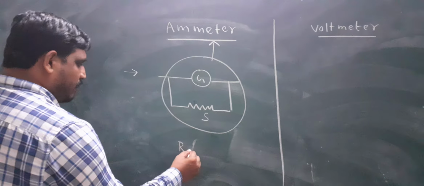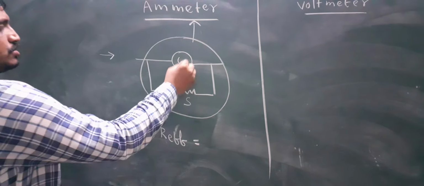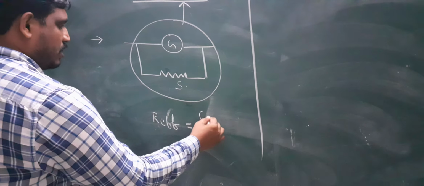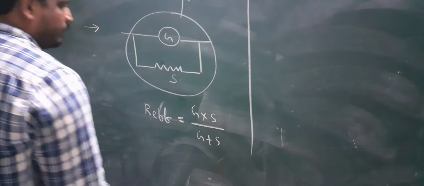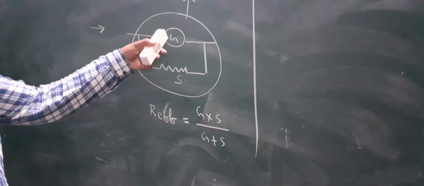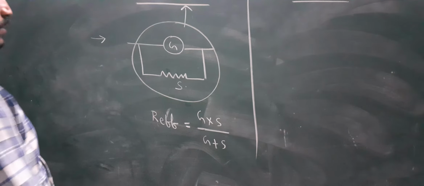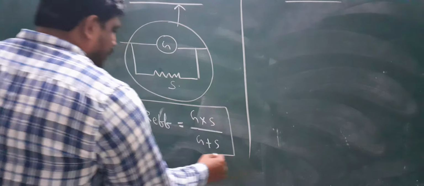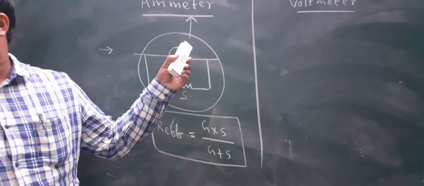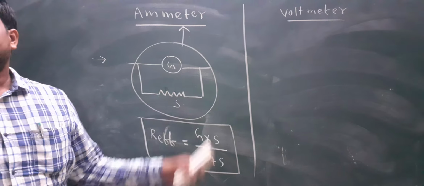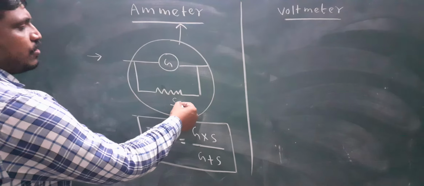What is the formula for total resistance in the ammeter? G is there, S is there. R1 R2 by R1 plus R2, because the galvanometer and shunt are connected in parallel. Simply G into S by G plus S.